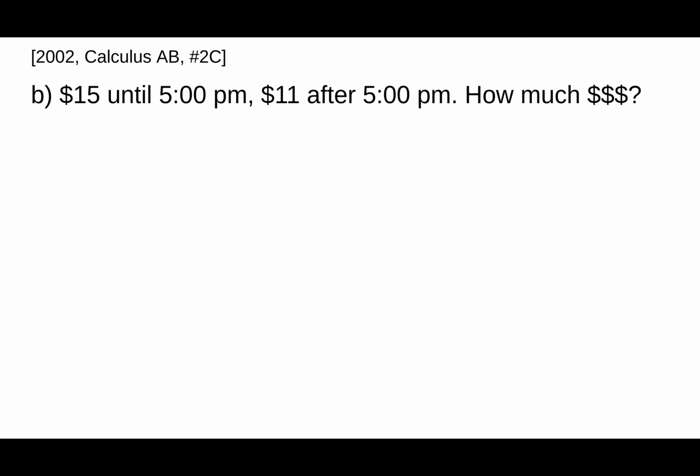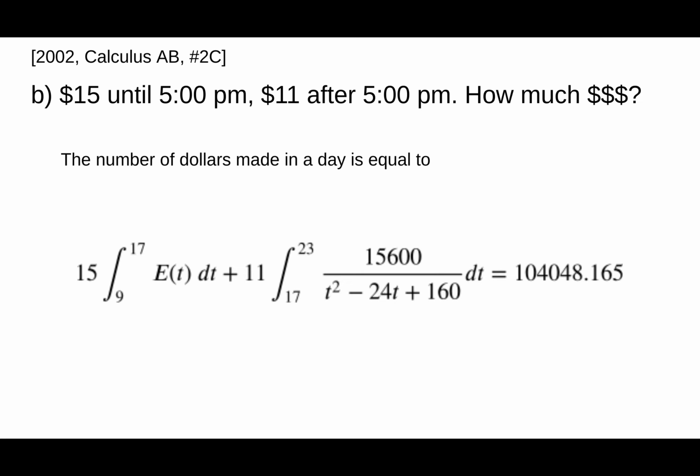So what we need to do here is make sure that everybody who enters before 5 p.m. pays $15. Everybody who enters after 5 p.m. pays $11. And to do that, we can take our definite integrals and just multiply them by the appropriate costs.